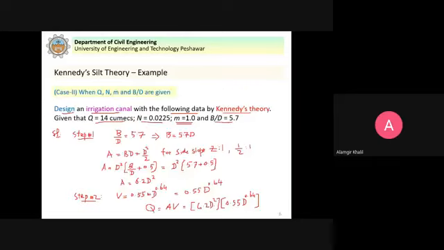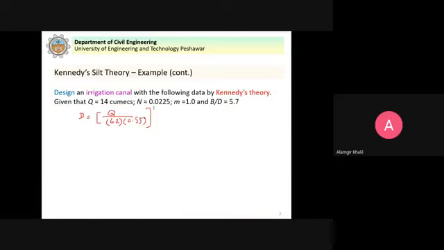Now you can see here we have D power 2 and D power 0.64, so it will be D power 2.64, and then shifting to the other side it will be 1 divided by 2.64. So now solving from here, we will get the value of D. D comes out to be 1.71 meter.